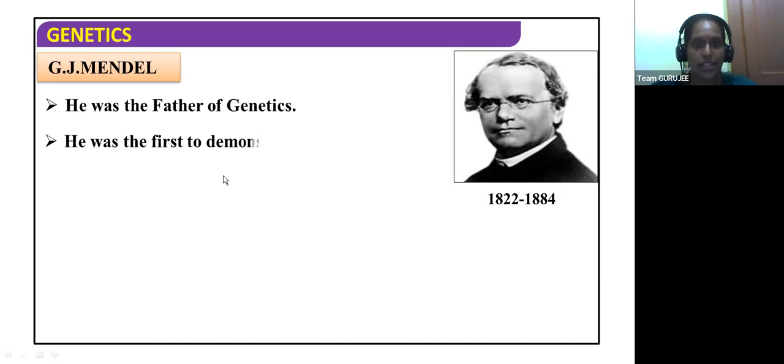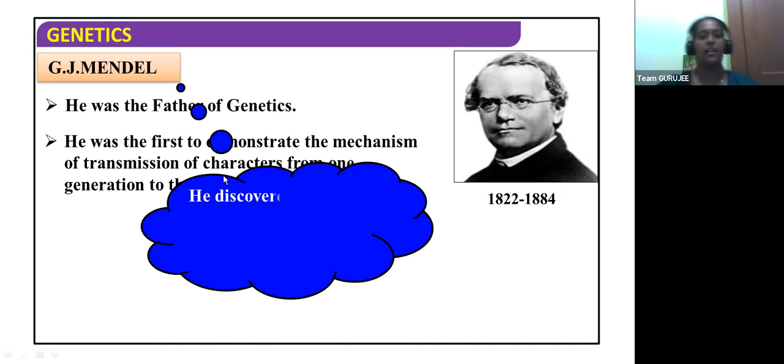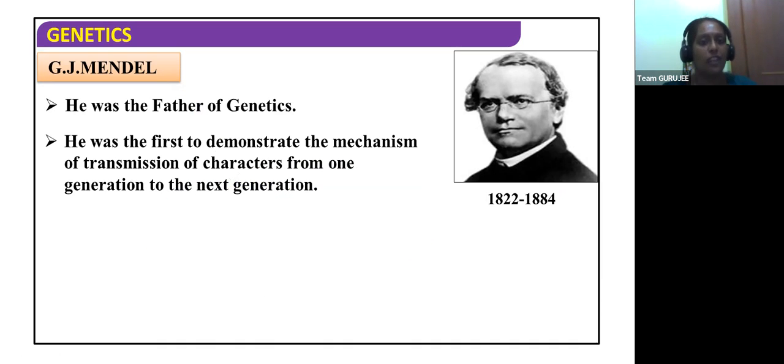He was the first to demonstrate the mechanism of transfer of characters from one generation to the next. Really think, today we know a lot of things. How was this man fascinated about how this happens? Oh wow, maybe he had a lot of time. He didn't have a lot of work to do, no homework, no schoolwork, maybe no home cooking.